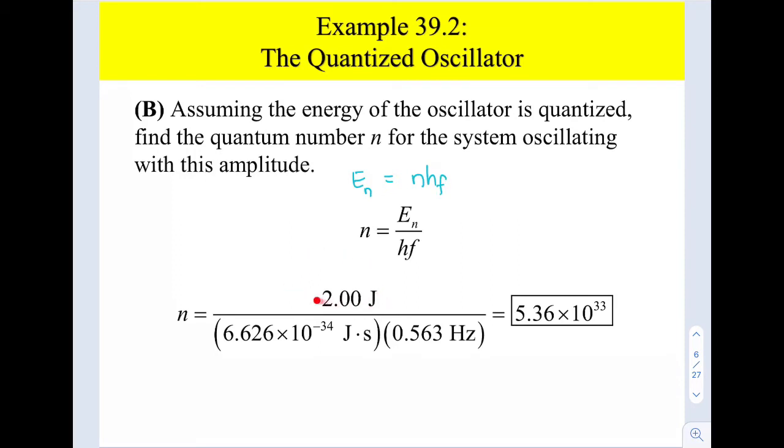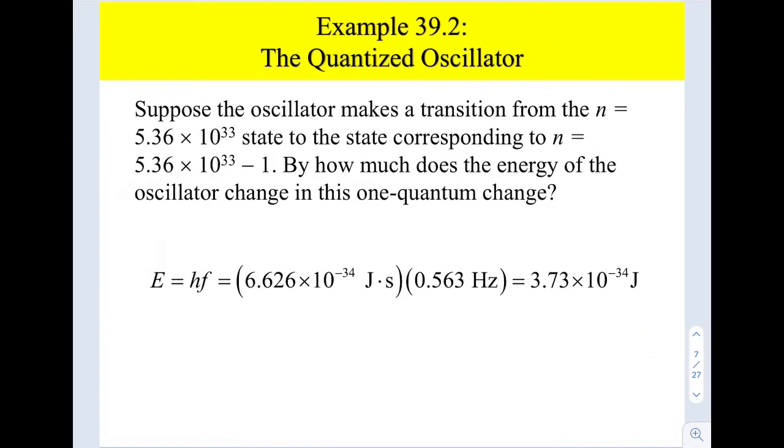So you rearrange this equation, use the energy calculated in part A, divide by the Planck constant times the frequency, and you will get this amount of n, the quantum number. It is a huge number. That is why it seems like the energy is continuous, because the amount of each packet of energy is very small compared to the total.